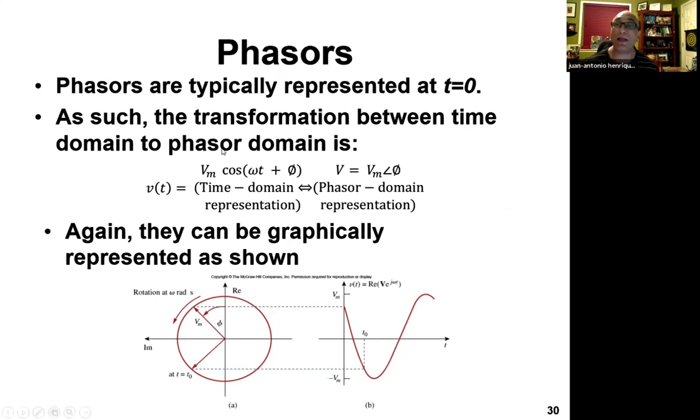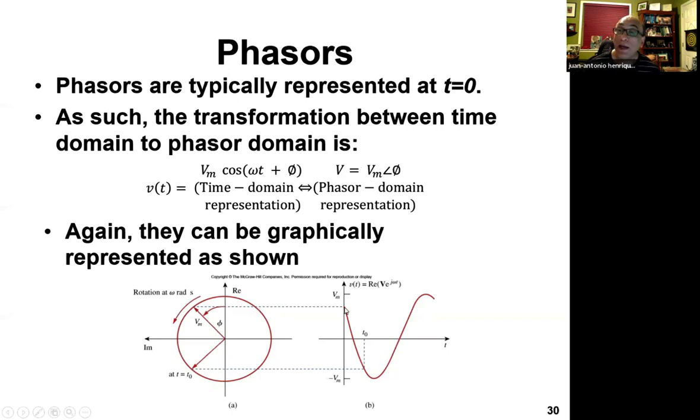If we look at a signal in the time domain, then in the phasor domain it is represented just by the amplitude and the angle. We are representing this voltage in one of two ways, or in both ways. This way represents the same voltage. This way represents the same voltage. It's just different ways of representing the same quantity.